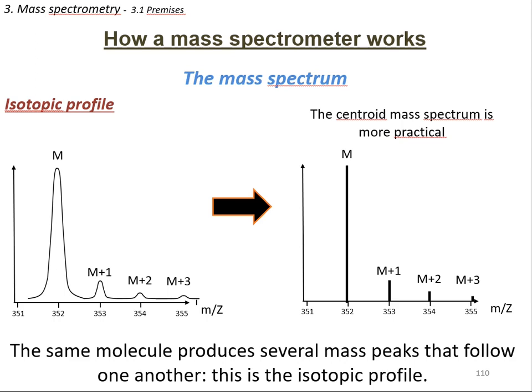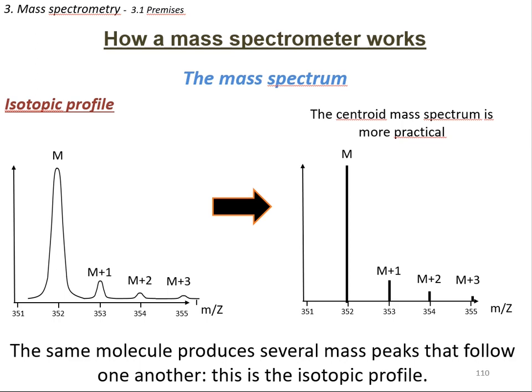So if you look at the mass spectrum of a molecule, you will see this typical distribution of the masses, different masses with just one unit between each. And so you have a continuum representation on the left and the centroid, which is much more practical to work with, on the right. And so you have M, which is a molecule that contains only the most abundant isotopes, H1, C12, N14. But then you have M+1 because these are all the molecules that contain exactly one heavy isotope.